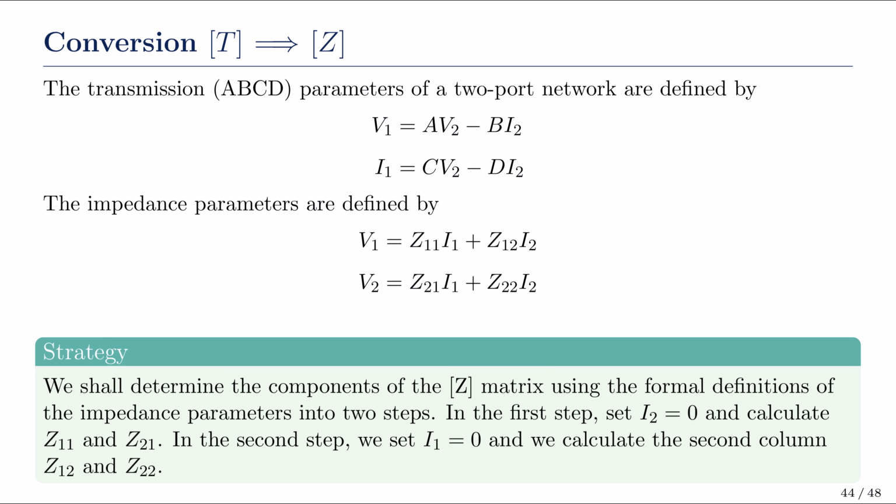Conversion strategy. Begin with the transmission equations and compare them with the impedance equations. Determine the impedance matrix in two steps. Step 1. Set I2 equals 0 to obtain Z11 and Z21. Step 2. Set I1 equals 0 to obtain Z12 and Z22.